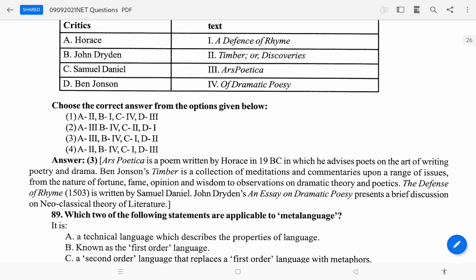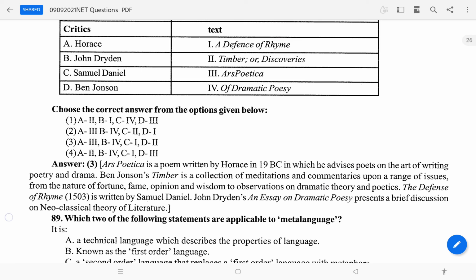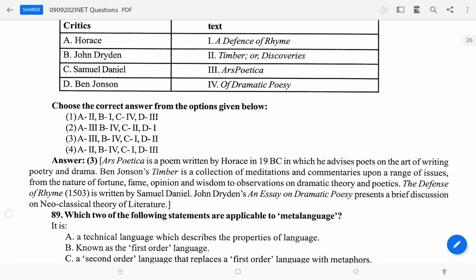So Horace wrote Ars Poetica, Ben Jonson wrote Timber or Discoveries, Samuel Daniel wrote A Defense of Rhyme, and Dryden wrote Of Dramatic Poesy.